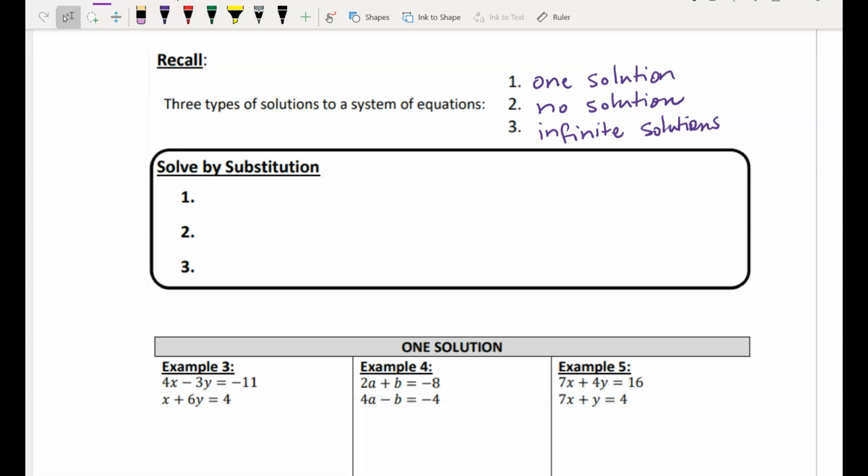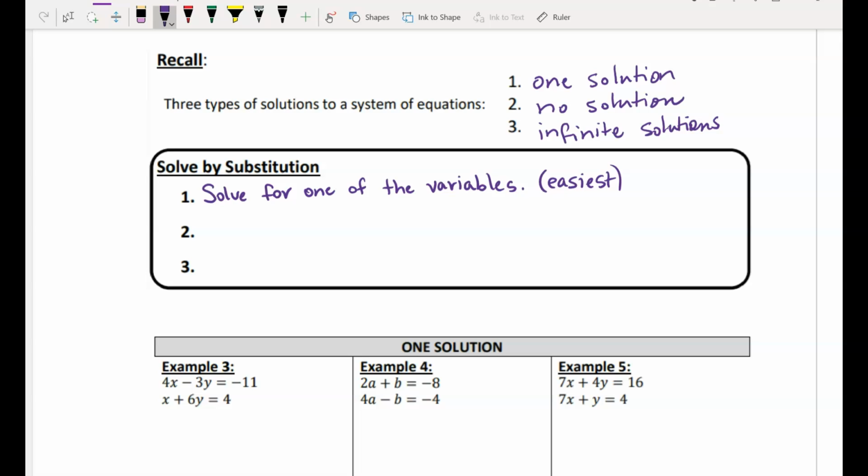First, remember that there are three results that we can get when we solve a system, whether it's by graphing or by substitution. We might get one solution, we might get no solution, or we might get infinitely many solutions. Our first step in solving by substitution is to solve for one of the variables.